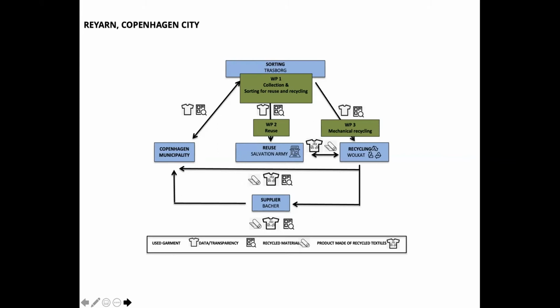So the project has 5 partners: Copenhagen Municipality, Traspo, which is a sorting company in Denmark, Salvation Army, a non-profit reuse organization that both resells but also redesigns and repairs, the recycling company Volkat, Dutch headquartered, who is a mechanical recycler, and workwear supplier Paka.